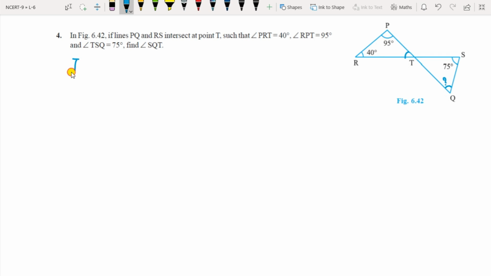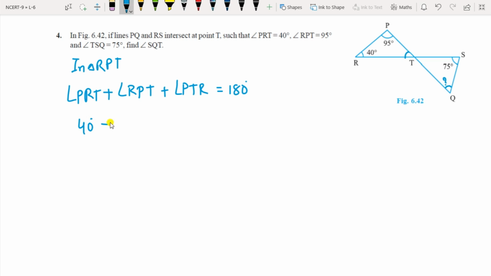So consider triangle, in triangle RPT, where R and P are known, you have to find T. So angle PRT plus angle RPT plus angle PTR equal to 180. So PR is 40 here. You have to see the center alphabet and that is the angle here.